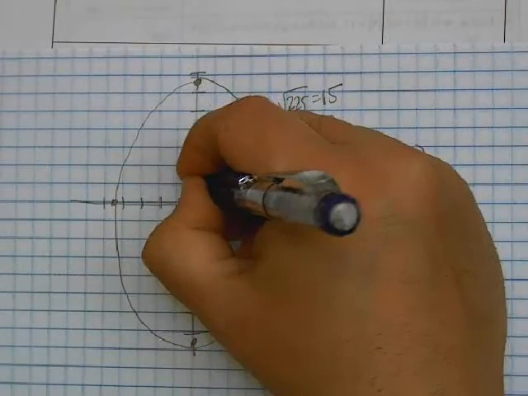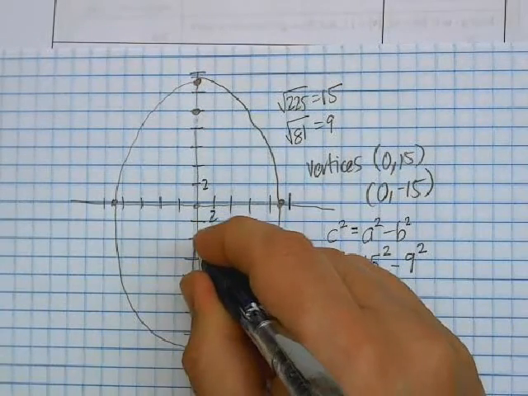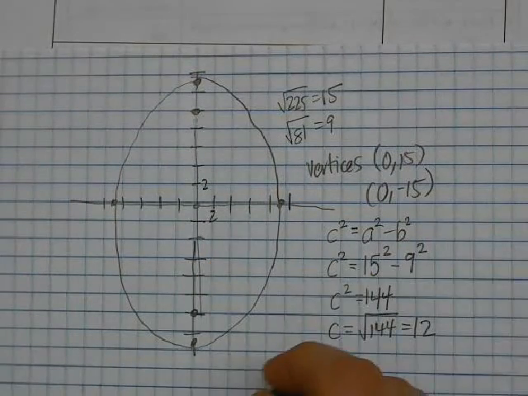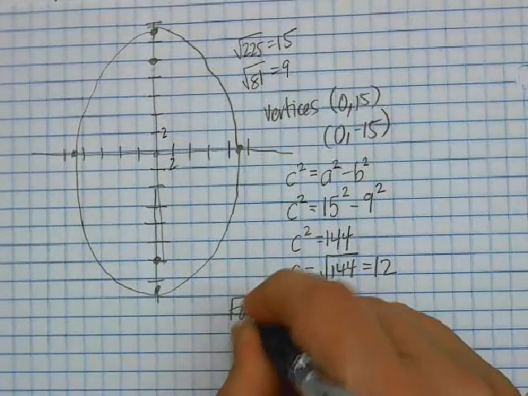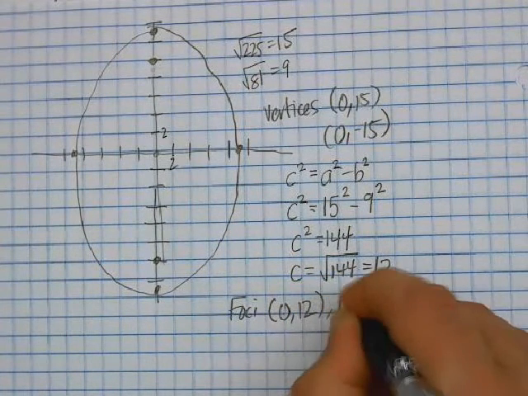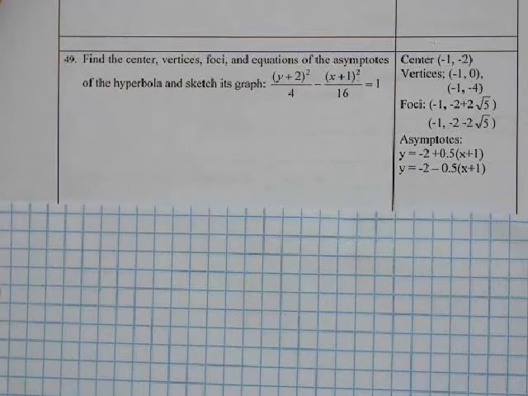So the foci are 12 units away from the center. So the foci are at 0, 12, and 0, -12.